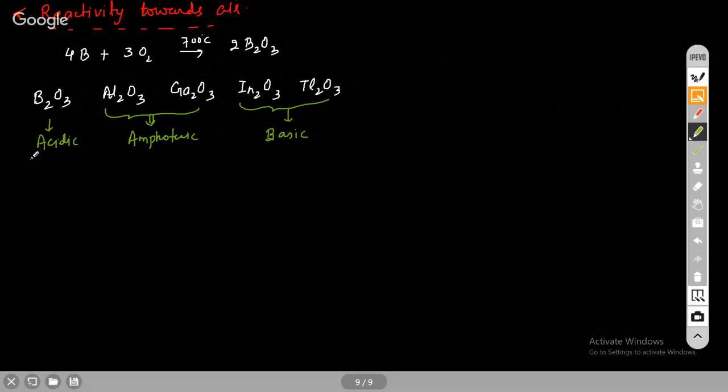The reason behind this compound to be acidic, write down here. Due to its small size, it has high positive charge density, and hence it pulls electron pair from H2O and facilitates the removal of H+.